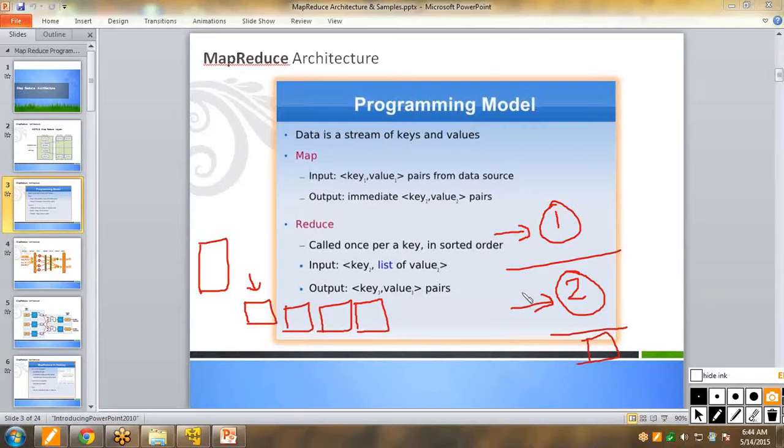How does the assimilation happen? It happens through a mechanism called key. As long as you're running on a single box, key might not be much significant. But when the time comes to collect all the outputs from individual task trackers, in that assimilation you should have a different approach, deal with uniqueness, or sort and filter it like that.